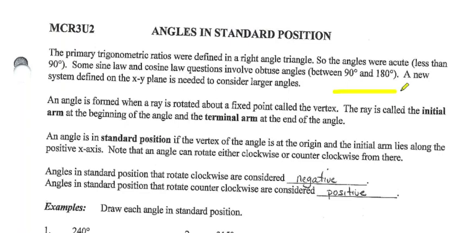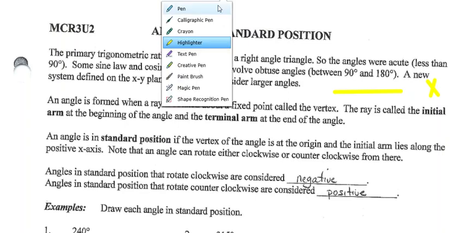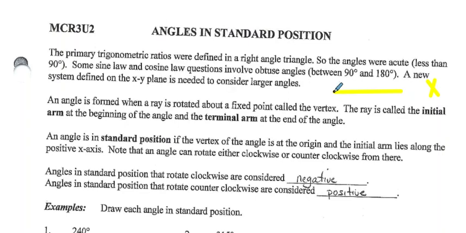Okay, so that's the initial arm, and the initial arm always sits on the x-axis. If you're looking at the plane of x and y axes, it's always here, and the vertex, because it did talk about vertex, is right here. So it's where the ray starts.